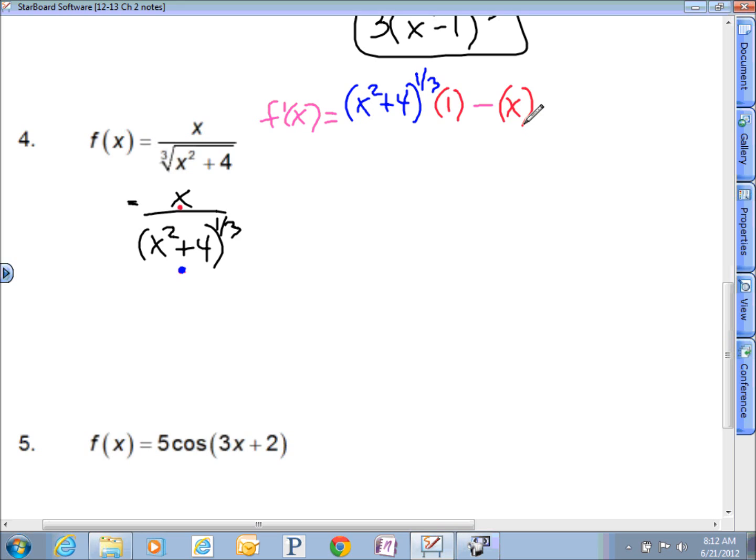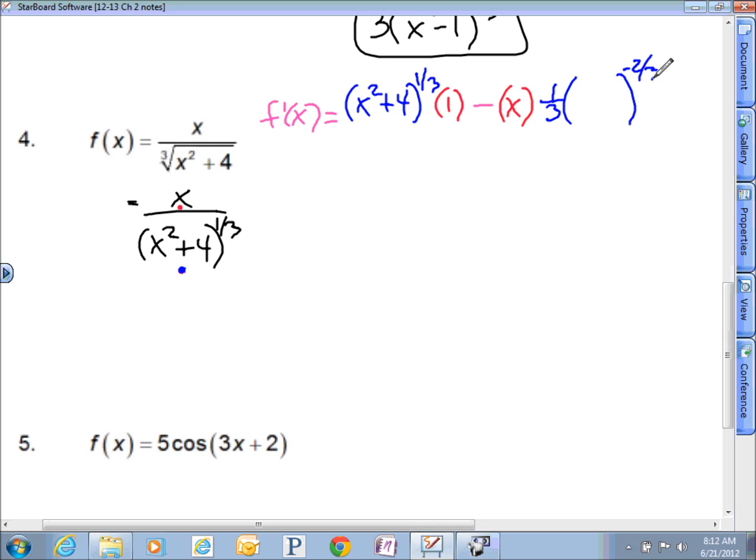And this is where things get a little bit exciting, because now it comes time to do the d low. I've got x squared plus 4 inside of something to the 1/3 power. So we're going to do this chain rule thing. The derivative of something to the 1/3 power would be 1/3 of that something to the negative 2/3 power.